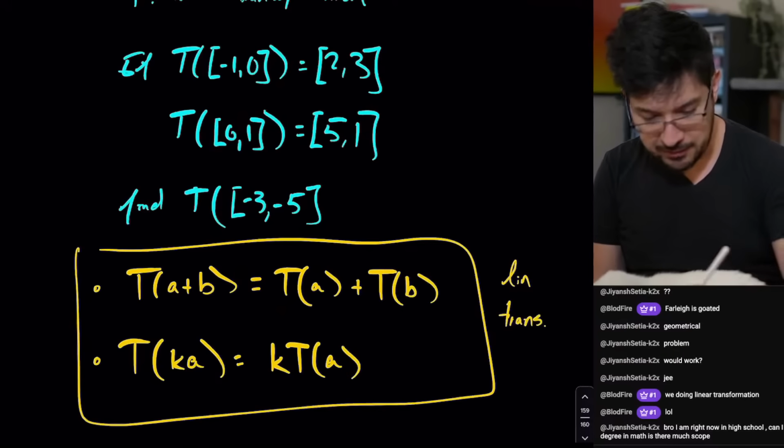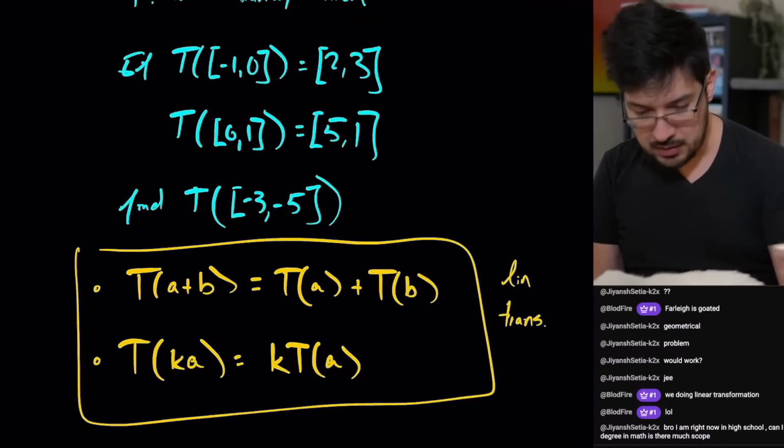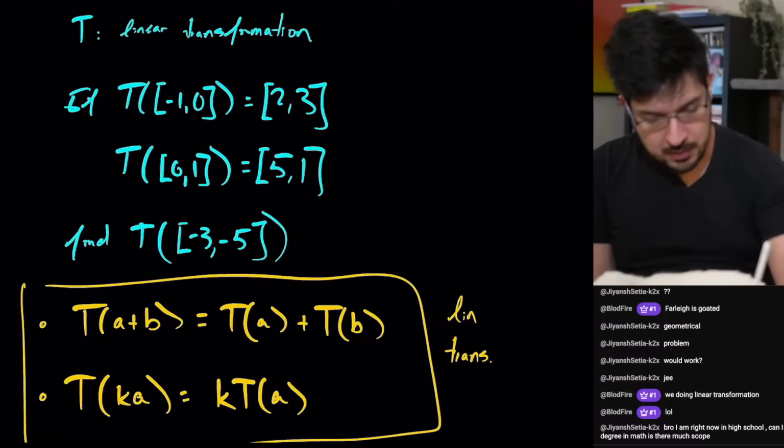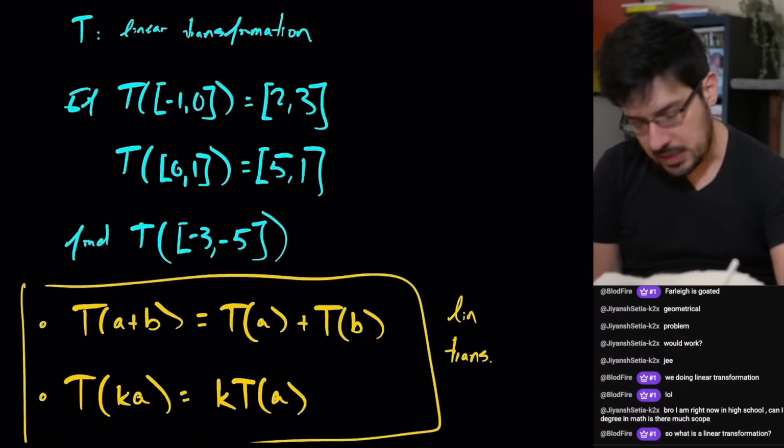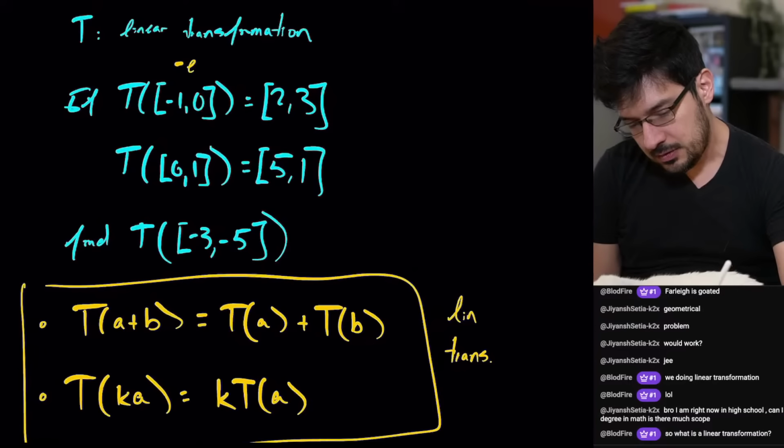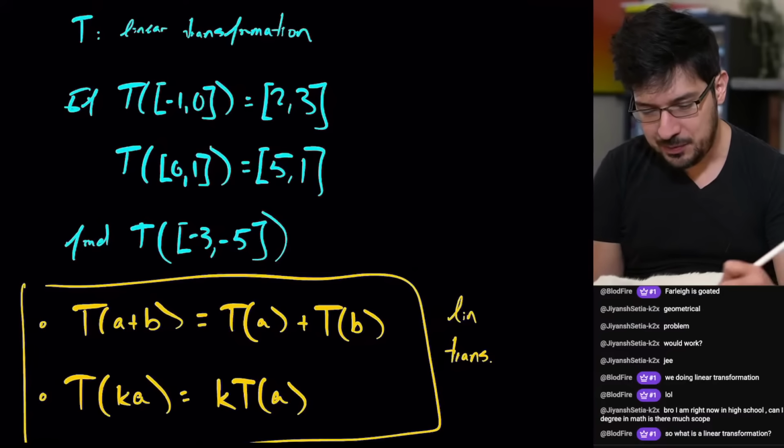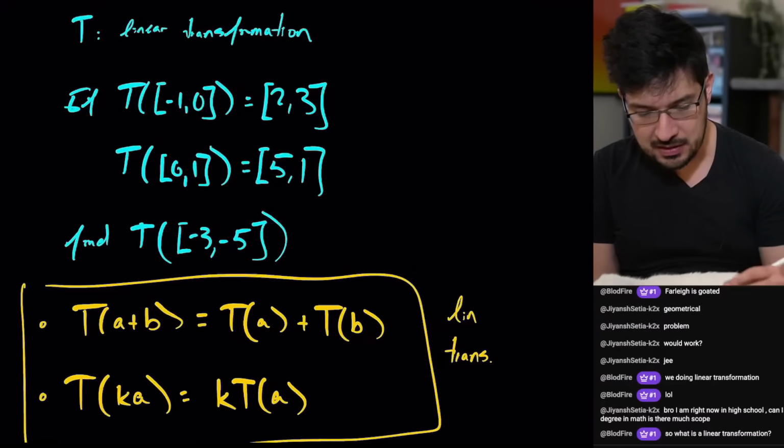So then, how can I get (-3, -5) from these two vectors? Okay. Oh wait, no. I want to call it -e1, but yeah, it's fine. I just want to jump right to the answer.